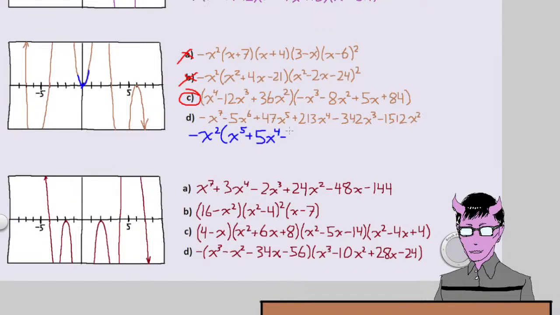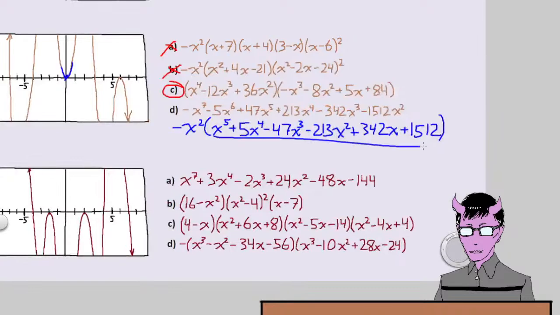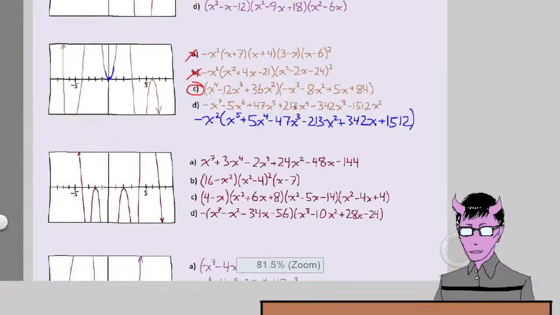Sign flip. Downtick by 2. Sign flip. Downtick by 2. Sign flip. Downtick by 2. Sign flip. Downtick by 2. Okay. So we have this junk right here. This is consistent with that. So yes, that's good.